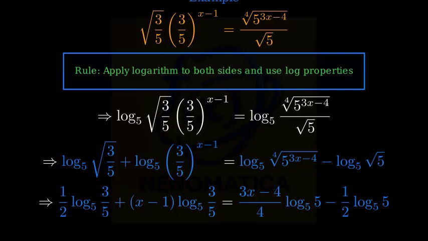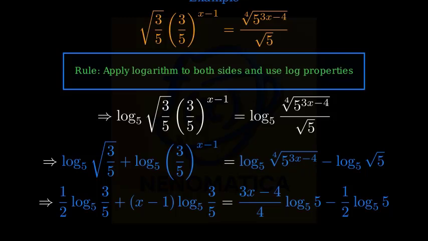On the right side, log base 5 of the fourth root of 5 raised to 3x minus 4 equals (3x minus 4) divided by 4 times log base 5 of 5, which equals (3x minus 4) divided by 4, because log base 5 of 5 equals 1. Similarly, log base 5 of the square root of 5 equals 1/2 times log base 5 of 5, which equals 1/2.